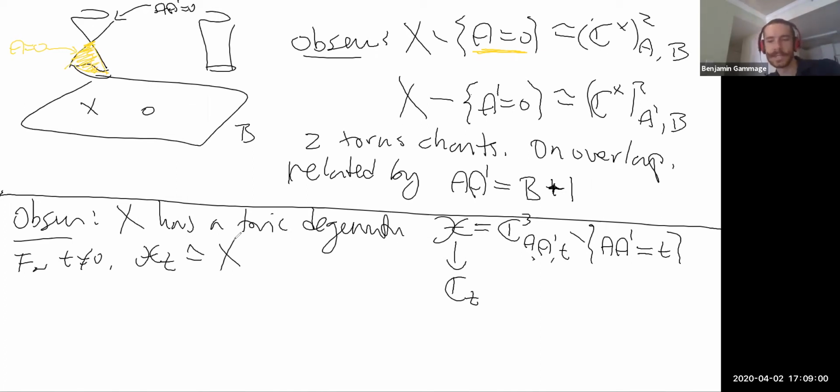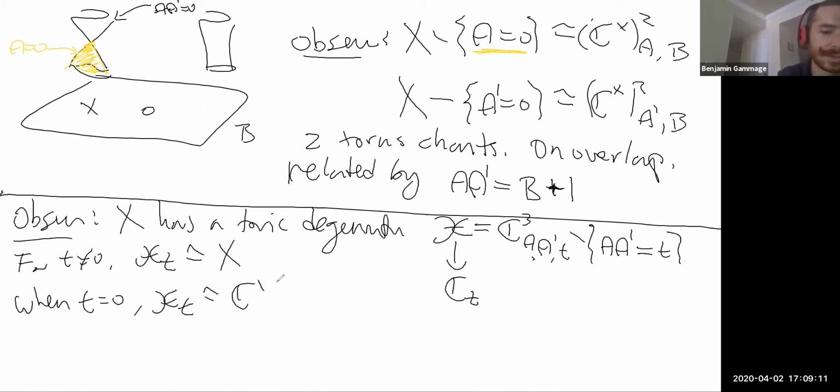At T equals 1, it's literally the same thing. When T equals 0, X_T is just a copy of C star squared.